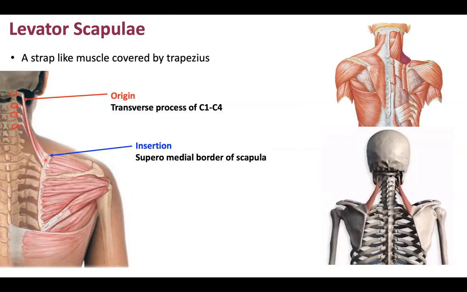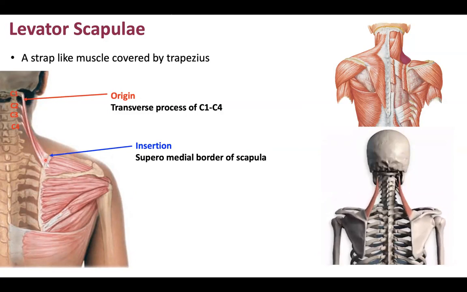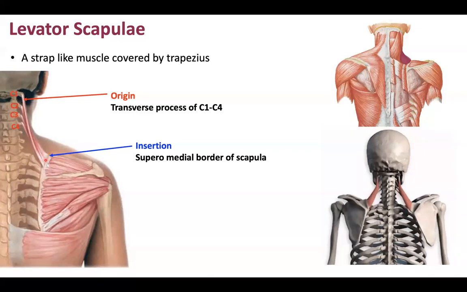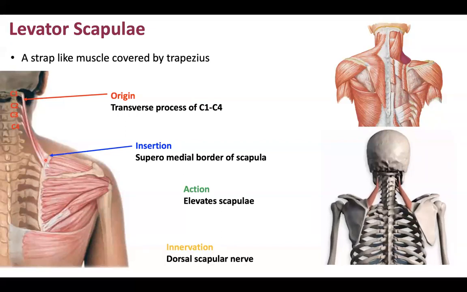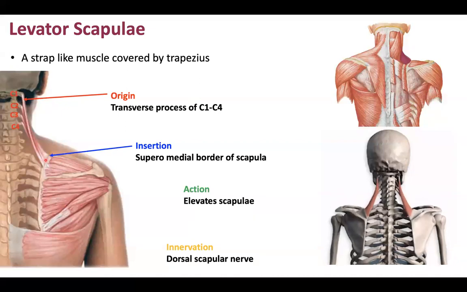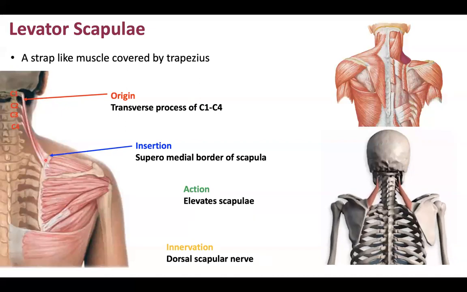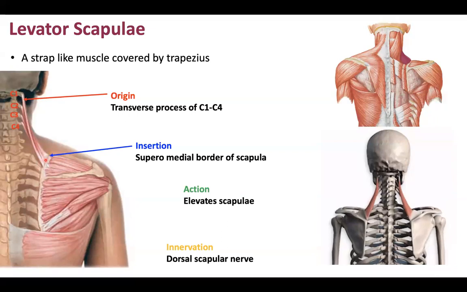As the name indicates, when this muscle contracts, it will elevate the scapula, like shrugging our shoulder. It's innervated by the dorsal scapular nerve, one of the supraclavicular branches of the brachial plexus.